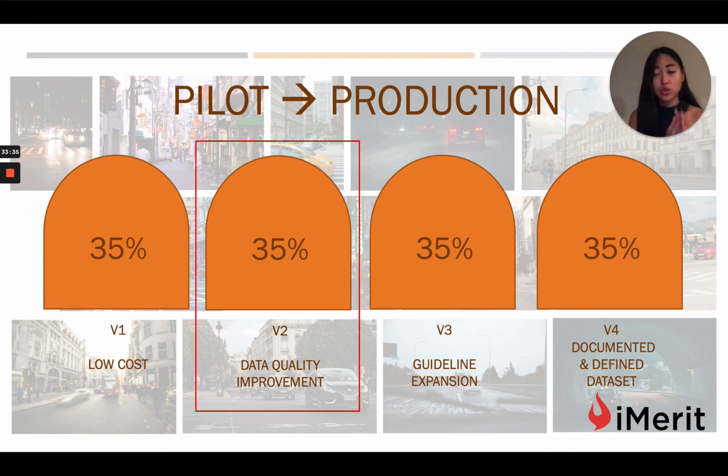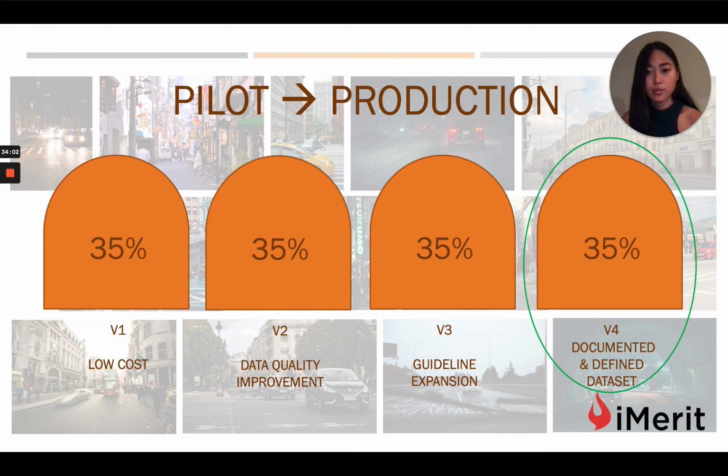Unfortunately, when you do not have good communications and you don't have a strong process for creating your data, you can be stuck in the data quality improvement stage, constantly trying to improve just the data quality of the original guidelines rather than improving over time. So it's really important to have that strong communication so that you can move on to the V3 and the V4.